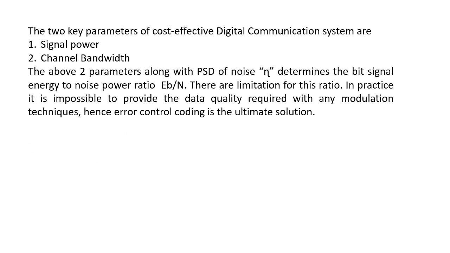These two parameters, along with the power spectral density of noise, eta, determine the bit signal energy to noise power ratio, that is Eb/N0. There are certain limitations for this, as we have discussed in the channel module. In practice, it is impossible to provide the data quality required with any modulation technique. Hence, error control coding is the ultimate solution for this.